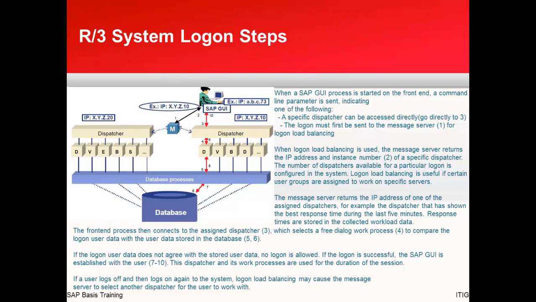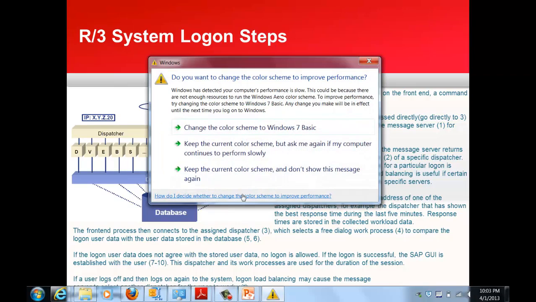Say, for example, if a user wants to do some dialog related activity, to perform some transaction online, it will be sent to this particular work process, that is D, which stands for the dialog work process. If any changes are done by the user, it will go to the V work process, which stands for updates.